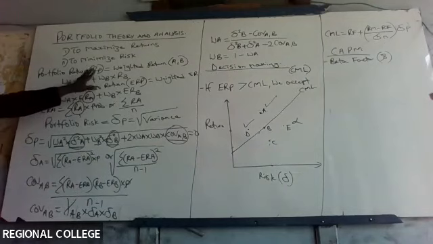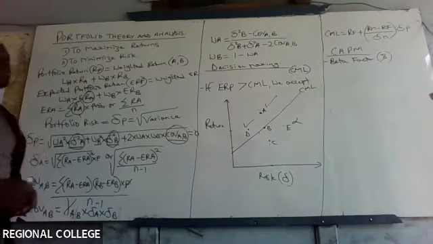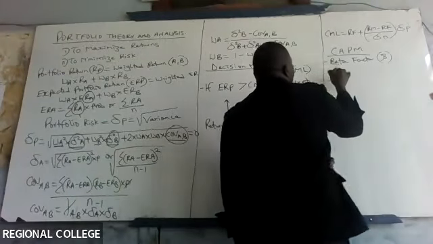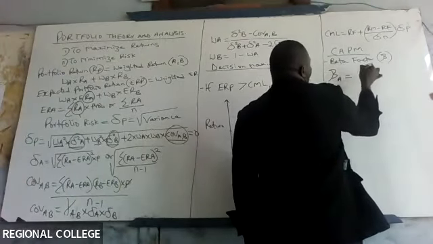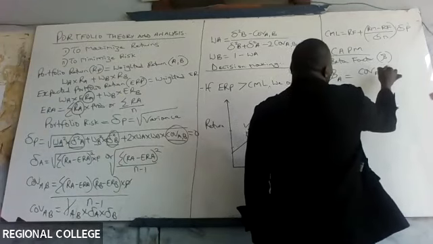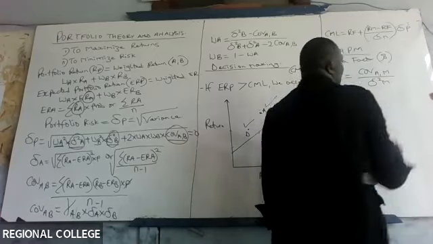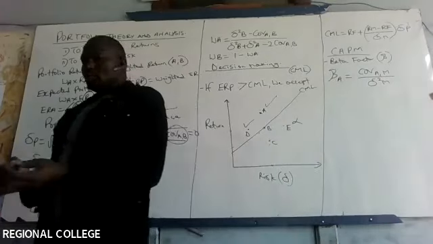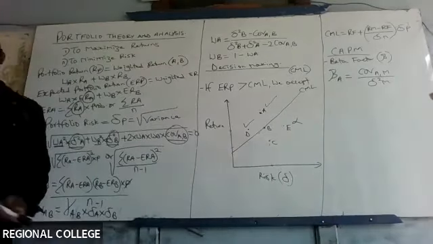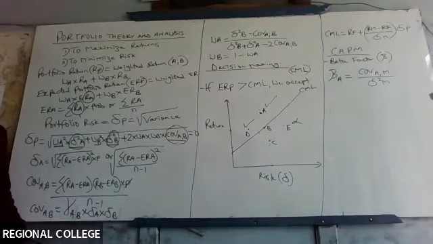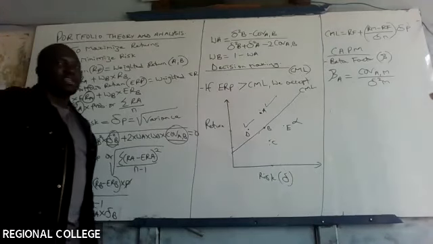So you're looking at two assets, A and B. Beta of A equals covariance of A and the market divided by variance of the market. So you're comparing A with the market.